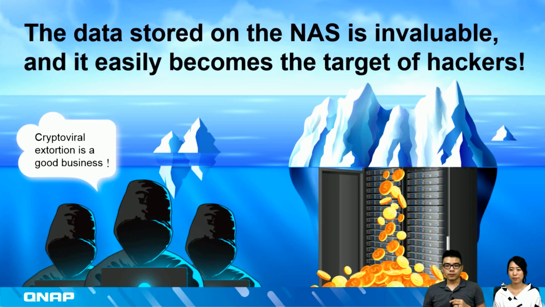If you have seen the movie Titanic, you know that when the boat is going to run into the iceberg, what we can see above the sea is actually only several percent of the iceberg.